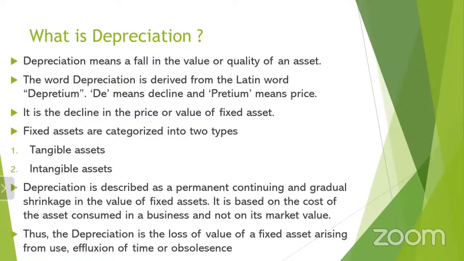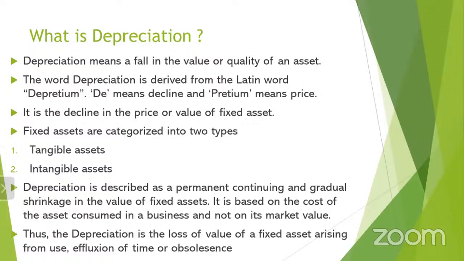Fixed assets are categorized into two types. Tangible assets: tangible means they have a bodily substance or physical existence. Examples are land, buildings, machinery, motor vehicles. We can see those assets.